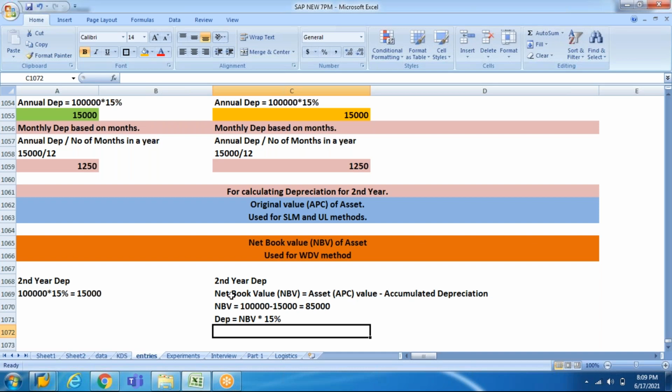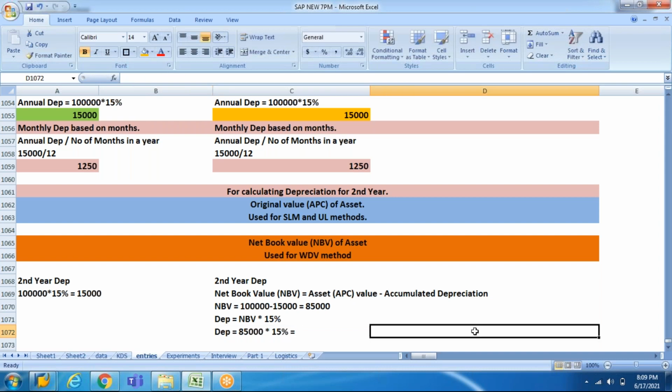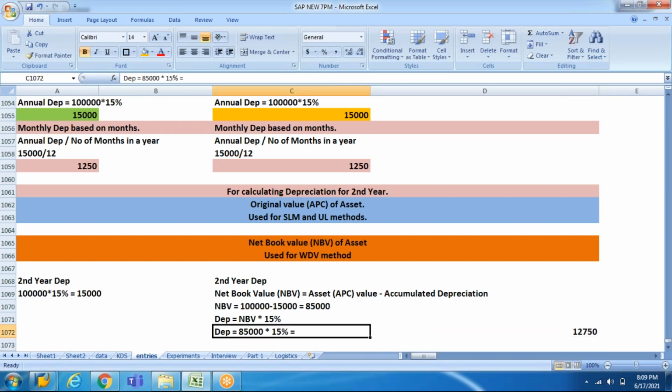Now net book value is 85,000, sorry. 85,000 into 15% will result how much? Let me put here. Is equal to 85,000 into 15 percentage. 12,750.